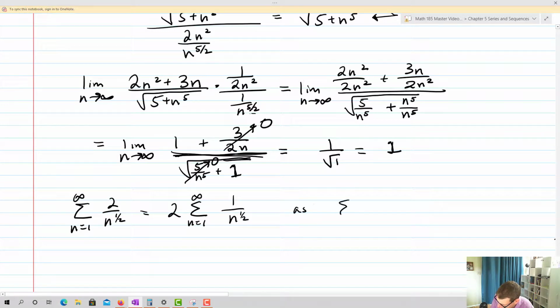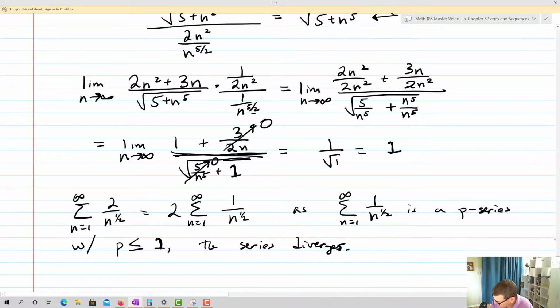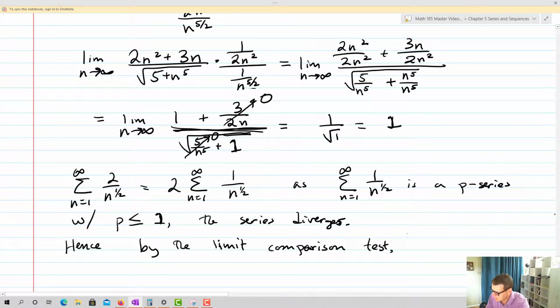As the sum of 1 over n to the 1/2 is a p series with p less than or equal to 1, the series diverges. Hence, by the limit comparison test, the sum, n equals 1 up to infinity, of 2n squared plus 3n over the square root of 5 plus n to the 5th diverges.